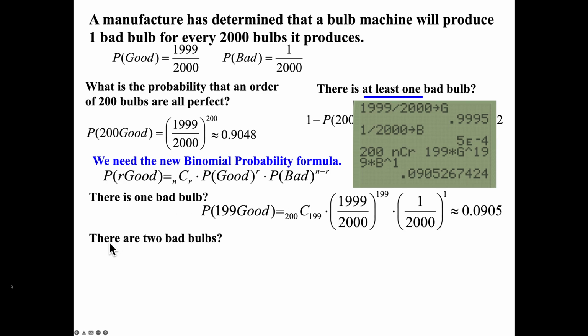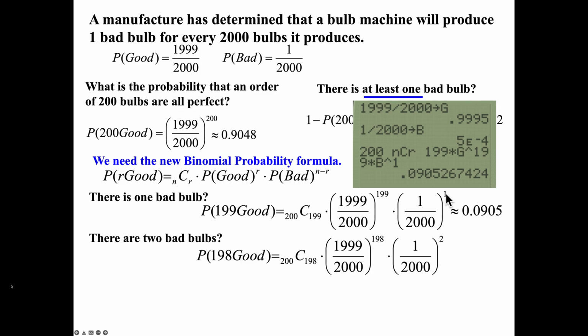If I wanted to find what's the probability that there's going to be 2 bad bulbs, exactly 2, then, all right, we're going to change 199 to 198 that are good. So 199 becomes 198, this power becomes 198, and this power of 1 becomes a 2. So that's what I want to enter in my calculator.